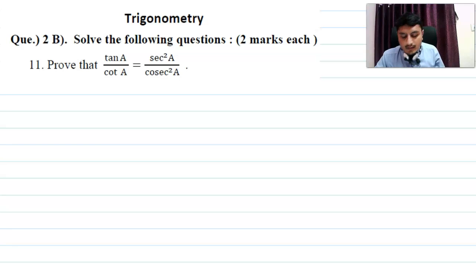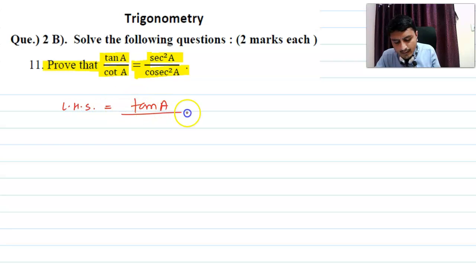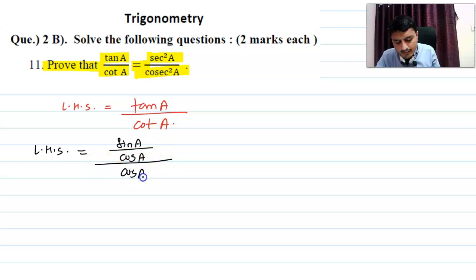Now look at question number 11. We have to prove that tan A divided by cot A equals sec square of A divided by cosec square of A. So let us consider at the start the LHS, which is of the form tan A divided by cot A. We well know tan A we can write as sin A divided by cos A, while cot A we can write as cos A divided by sin A. Now once we shift the denominator to the numerator, its reciprocal will be the multiplier.